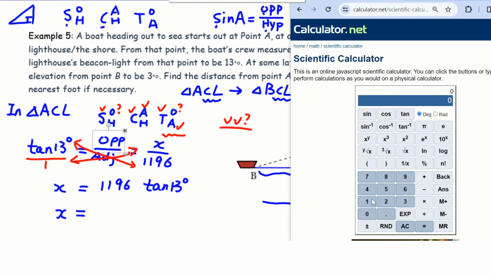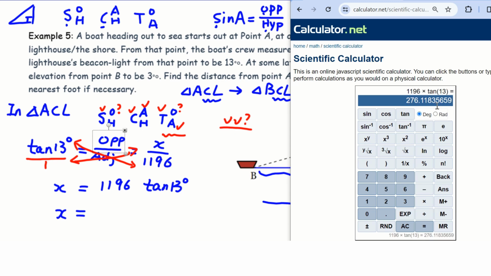We type into the calculator 1196, then times tan, 13 degrees, and close the bracket. Make sure your calculator is in degree mode. Then equal sign is 276.